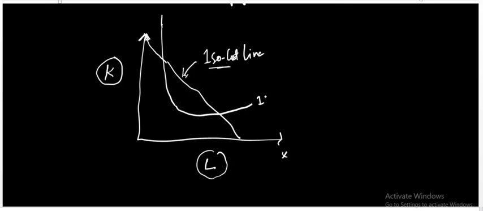Similar to the indifference curve analysis, I will drop a set of isoquants on it. So this is my isoquant 1, this is my isoquant 2, and so on. As the equilibrium point in the indifference curve analysis was where the budget line became tangent to the indifference curve, over here also the equilibrium production will be this point where the isocost line is tangent to the isoquant.